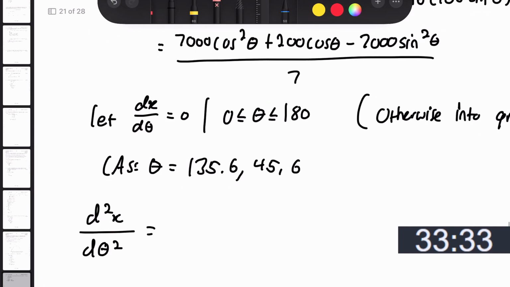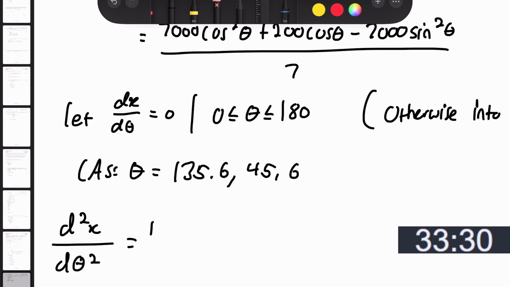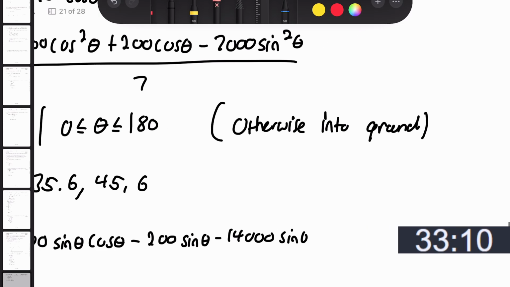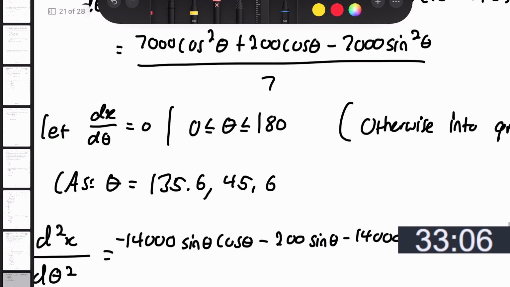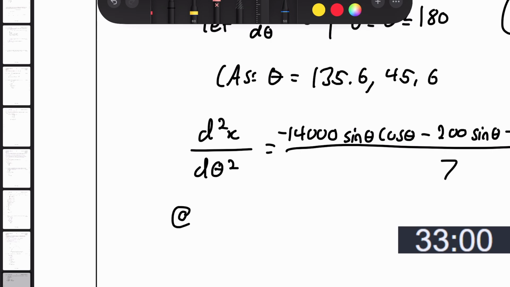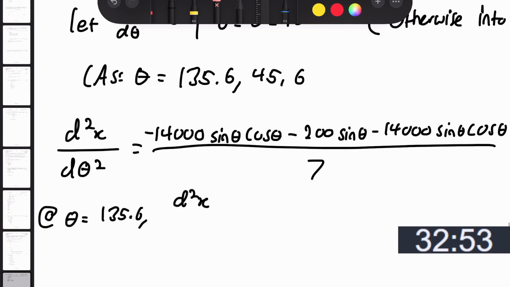This is going to equal 14,000 of negative sine theta cosine of theta minus 200 sine of theta minus 14,000 sine of theta cosine of theta, all over 7, at theta equals 135.6. d squared x d theta squared is equal to, I should have differentiated this correctly.